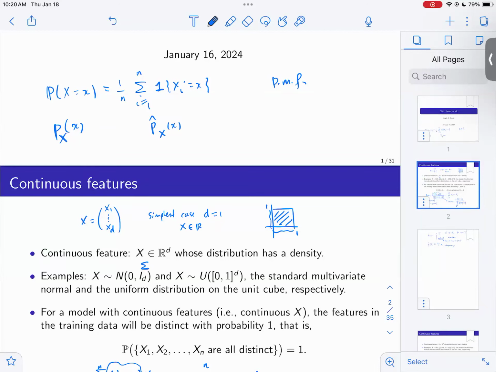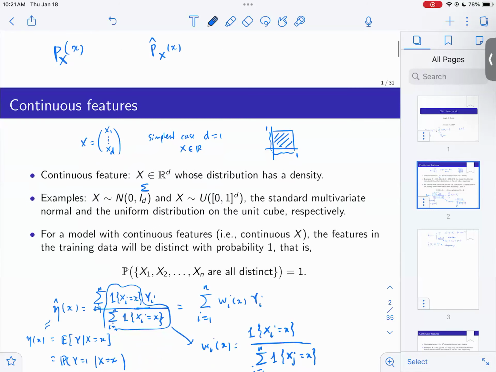But first the question is, how should I estimate this density? And if I estimate it, this goes into the denominator here, right? If you remember, this was the joint divided by the marginal. So I can put the p hat x here downstairs.